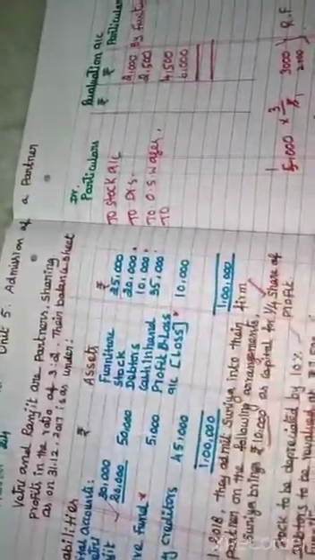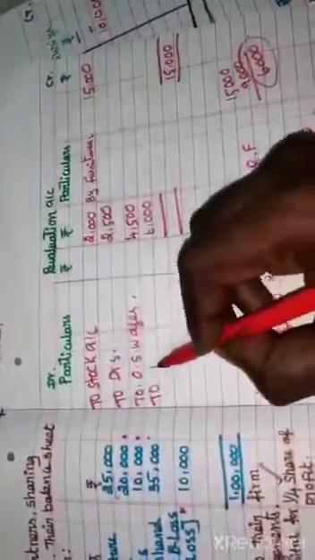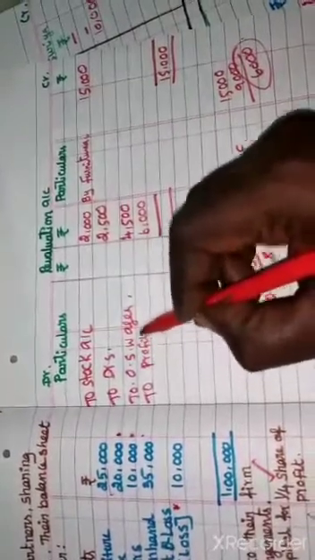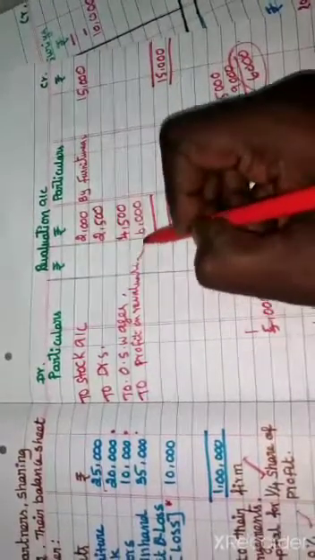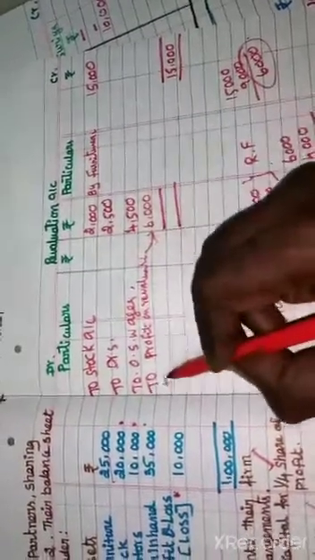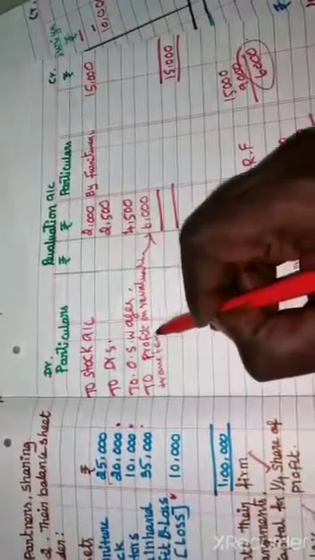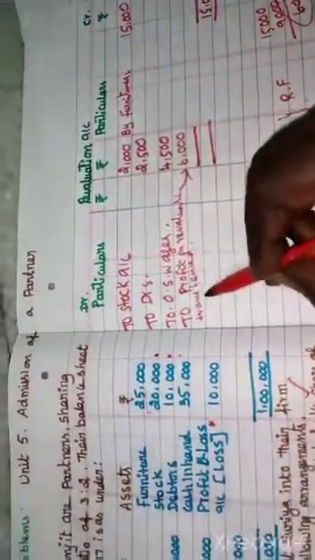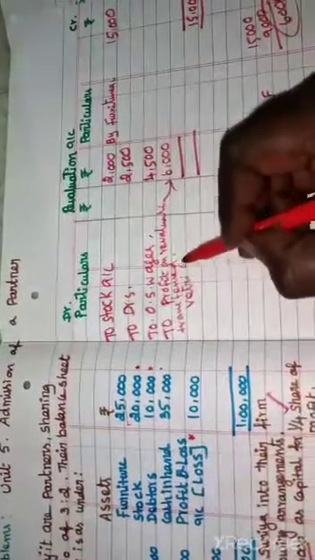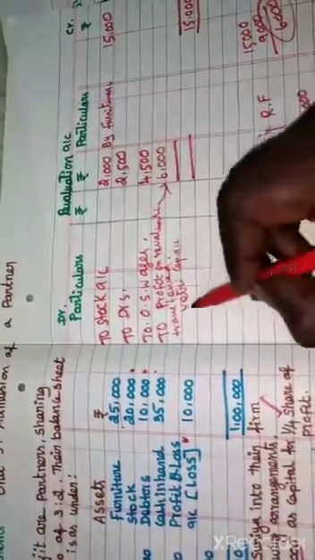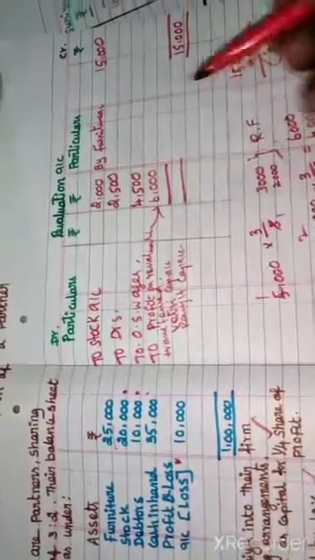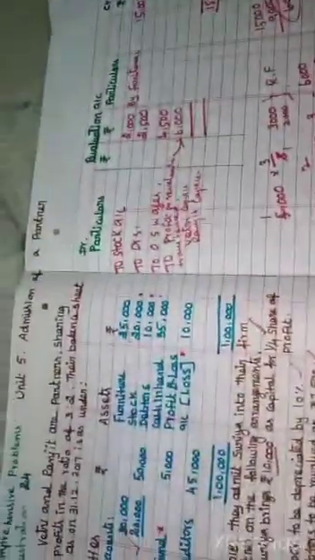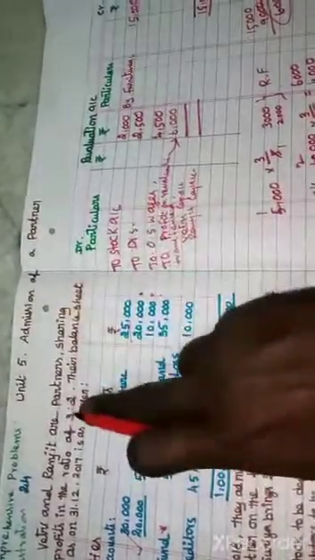Who are the old partners? Vetri and Ranjit. So profit on revaluation 6,000, transfer it to Vetri capital account and Ranjit capital account. So now the 6,000 is going to be distributed to the old partners in their old profit sharing ratio. What is the old profit sharing ratio? 3:2.